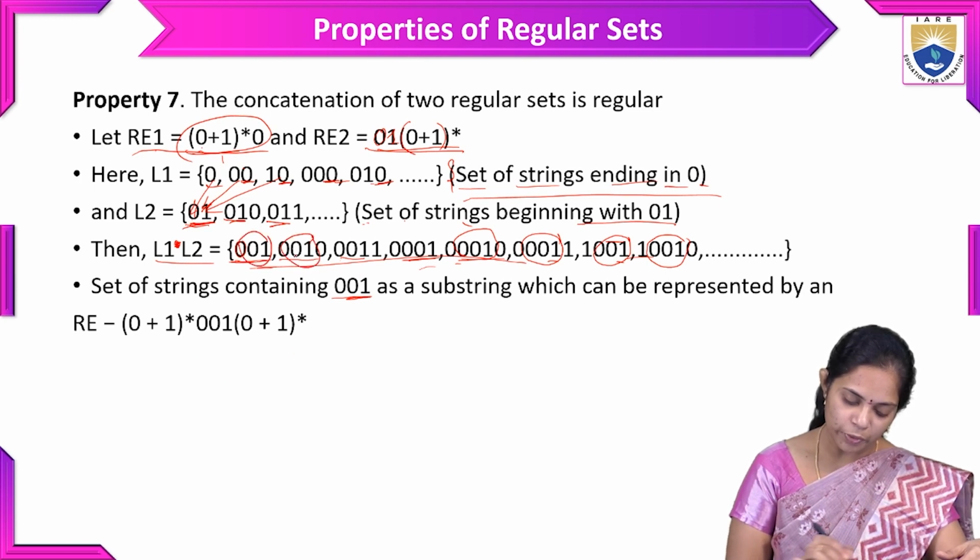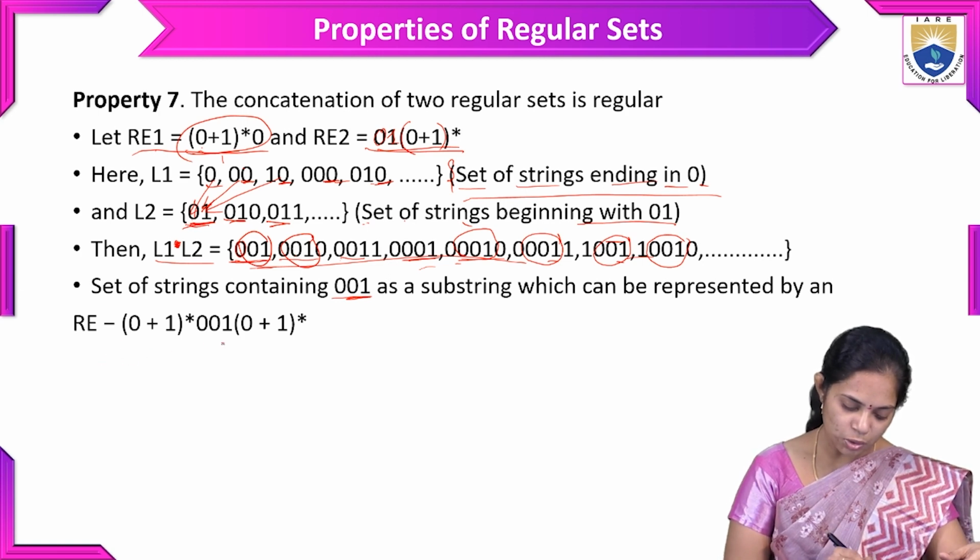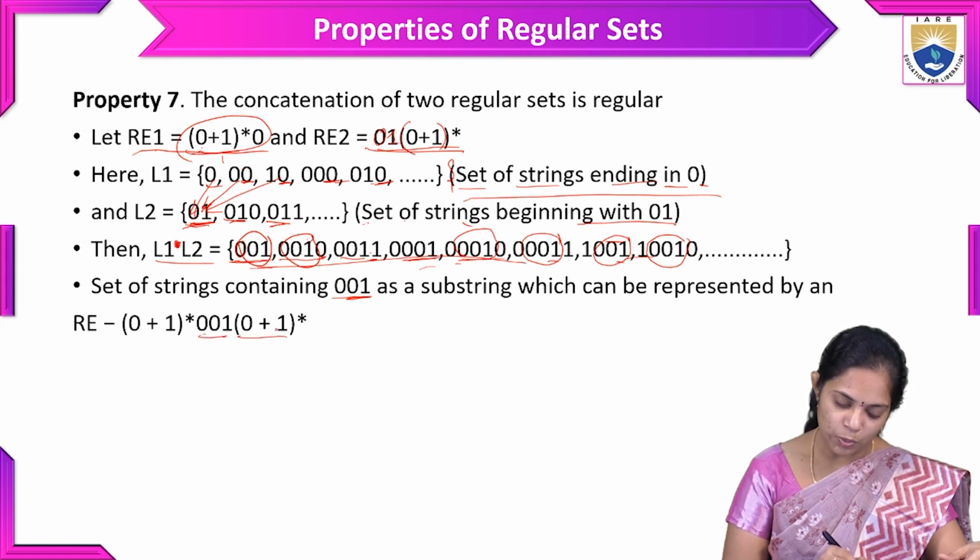So for this one, how to write the regular expression? If you observe, 001 is the substring, ending with 0 and also ending with 1. So the ending is either 0 or 1, and for the beginning of this string, we start with 0 and also with 1.